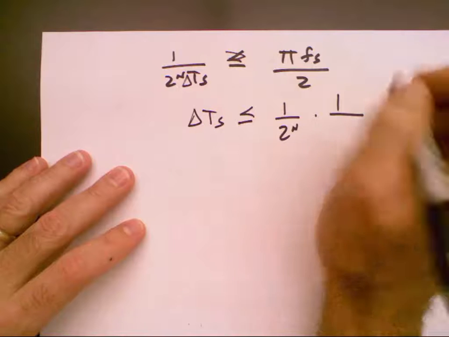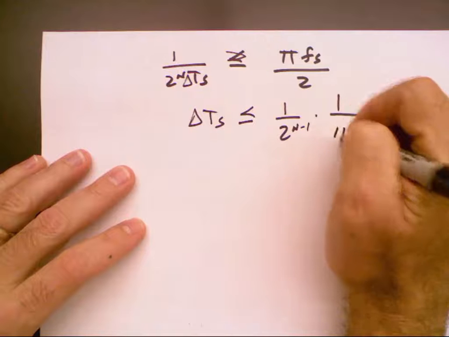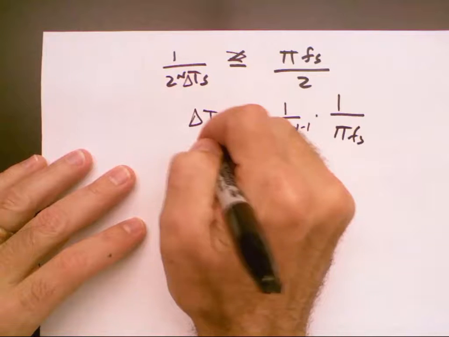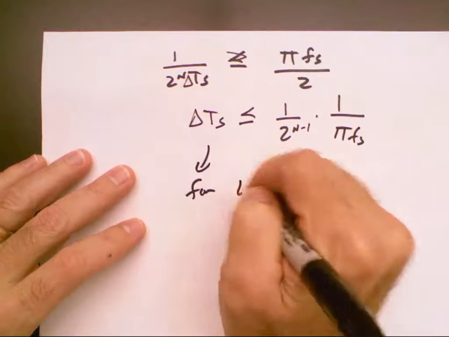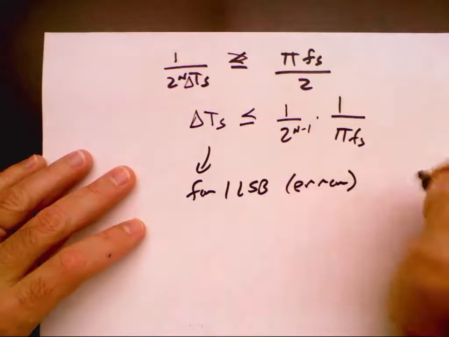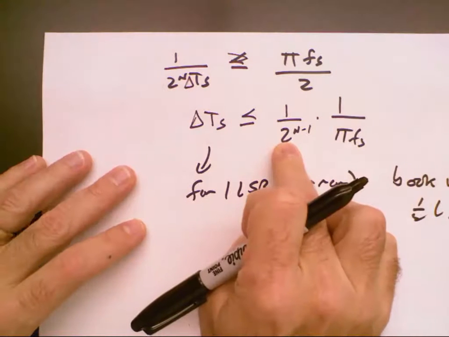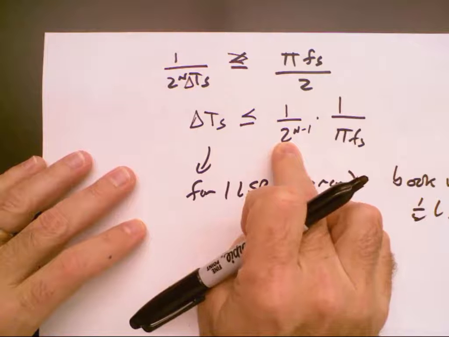Multiply top and bottom, so this would be -1, and this would be pi Fs. This is for 1 LSB error, and the book used 1/2 LSB, so this term is 1 over 2 to the n. Any questions on that derivation?